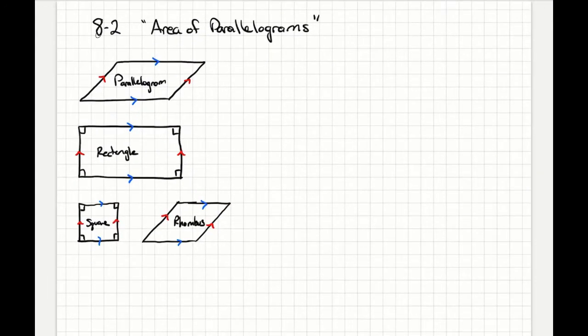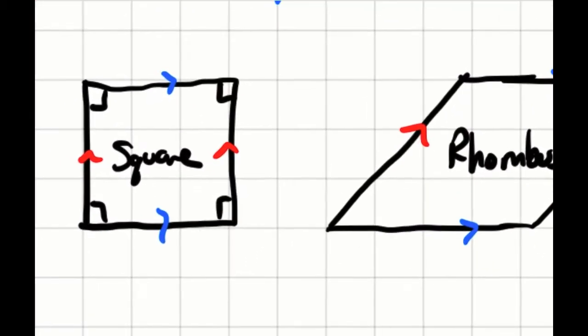Okay, now, to find the area of a parallelogram, we can use the same formula for all of these. So, you know that the area of a square is just the length times the width. Or in some cases, we call this the height.